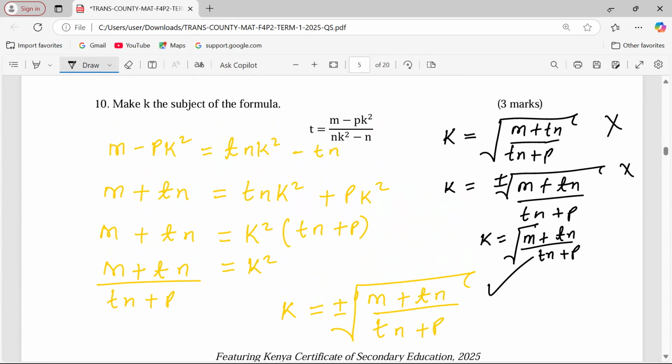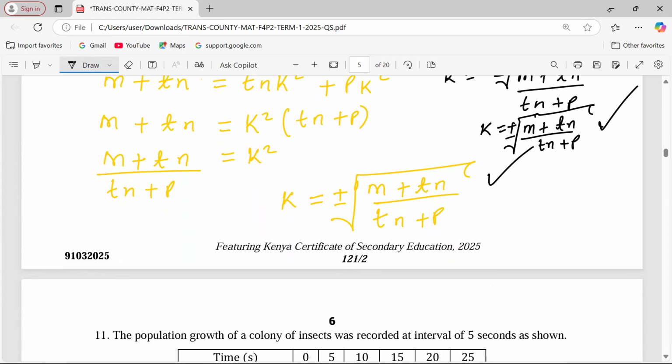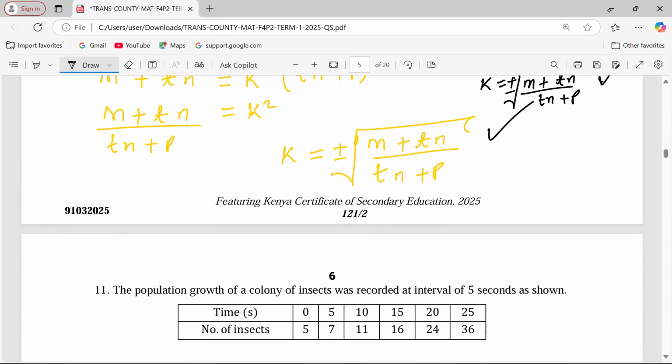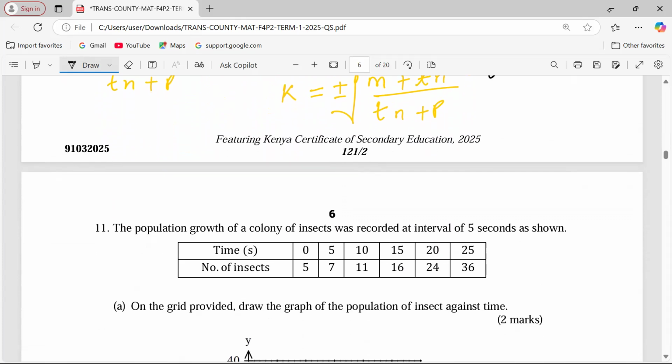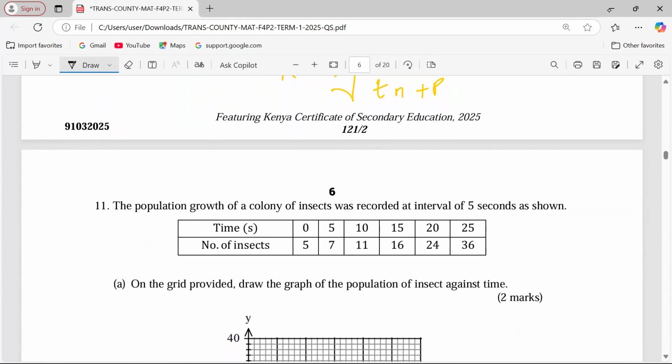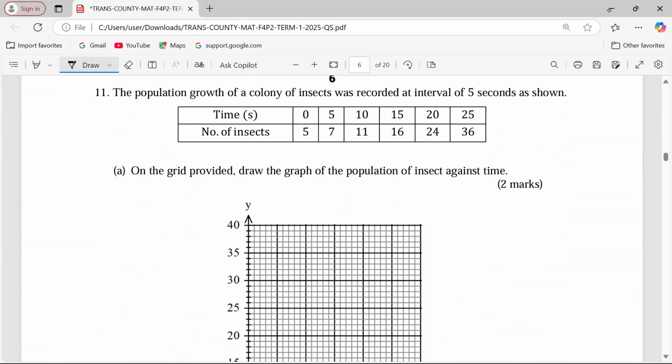The other terms are outside. So you're supposed to ensure that you cover everything, then plus or minus. That's how you're supposed to be very careful in expressing K as the subject of the formula.